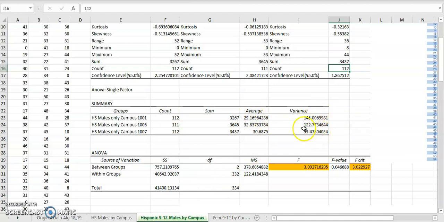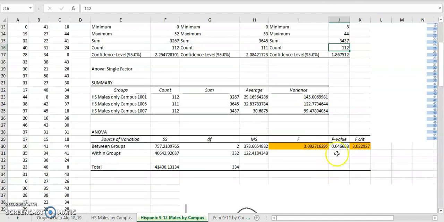I can see some differences in my variances right here. I had a bigger variance on campus 1001 than I did on 1007, so I'm kind of thinking just at this point there may be a significant difference between my campuses.